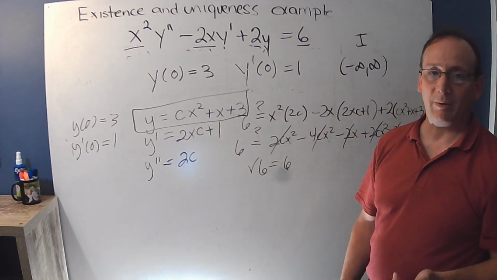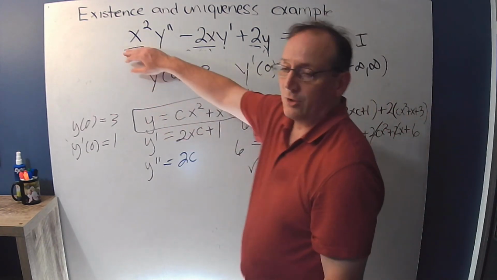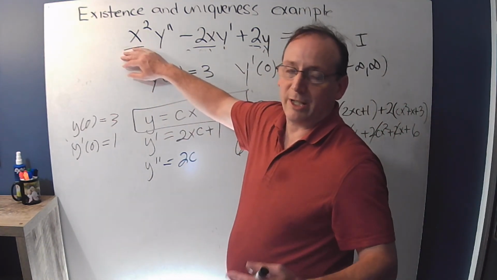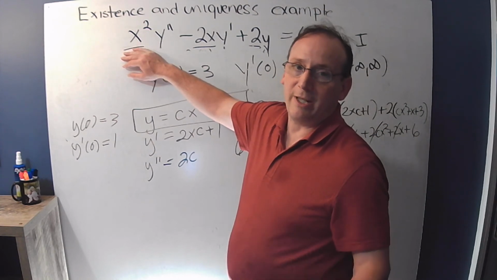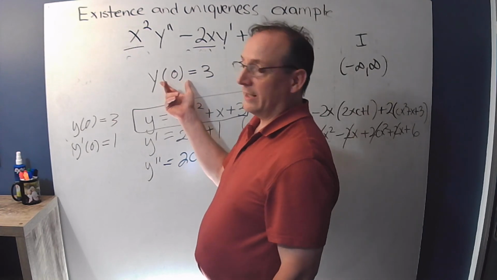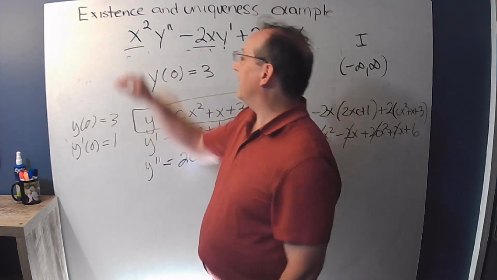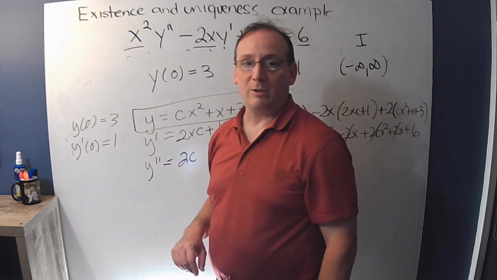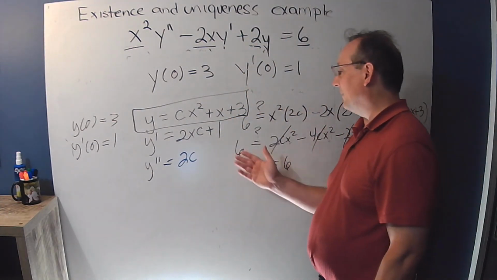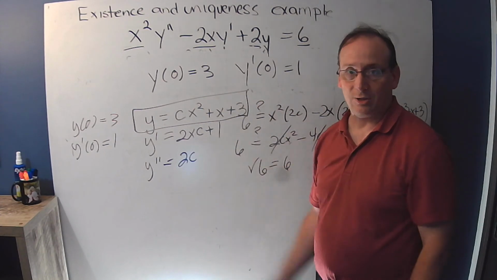But the problem is that the lead coefficient is not allowed to be 0 on the interval that you're using to get a unique solution. So because we picked an initial value that made this leading coefficient 0, we were not able to have that unique solution.